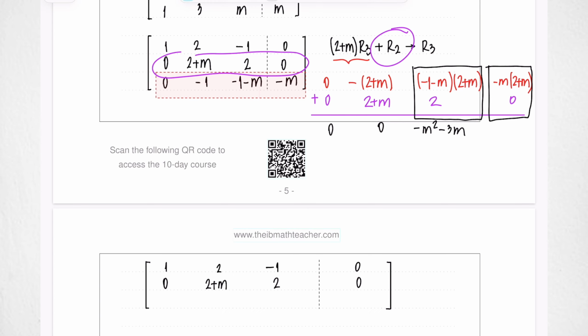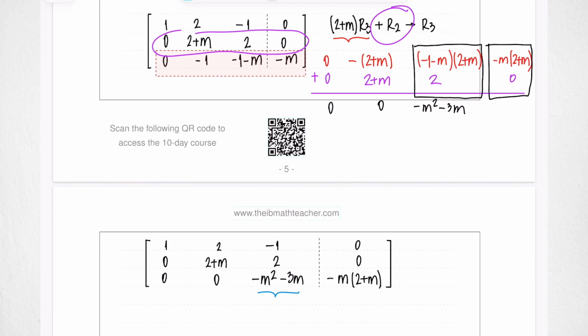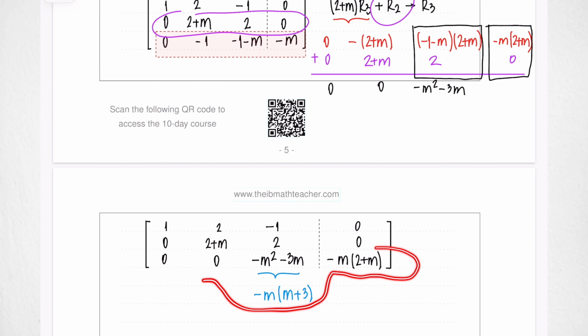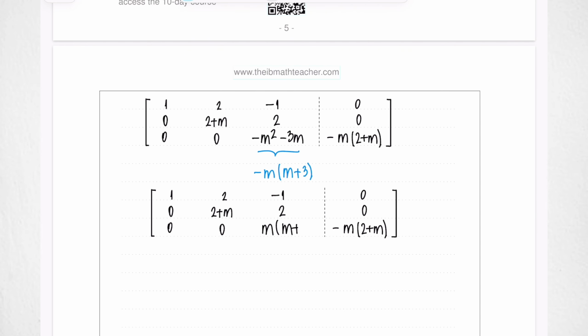Therefore, for row number 3, we get 0, 0, negative m squared minus 3m, and then negative m times (2 plus m). You can also write this as negative m times (m plus 3). And if you want to multiply this whole equation by negative 1 and store it in itself, and do remember that each row represents an equation, you can, and that becomes m times (m plus 3) over here, and then positive m times (2 plus m) over here.